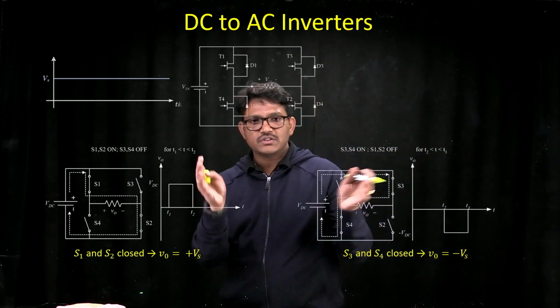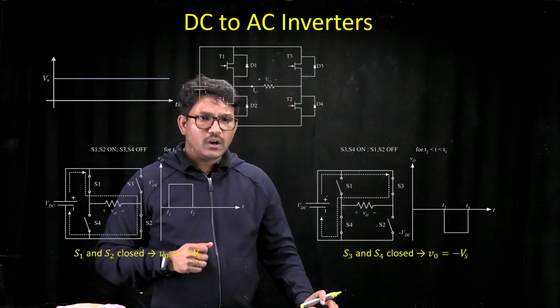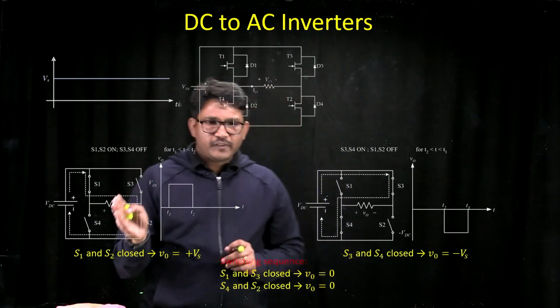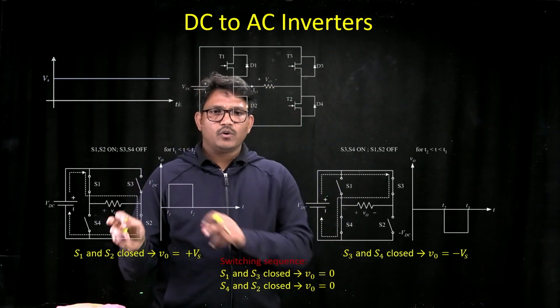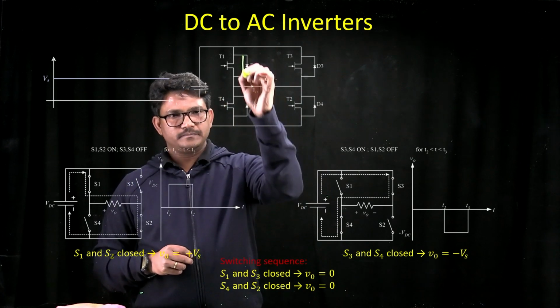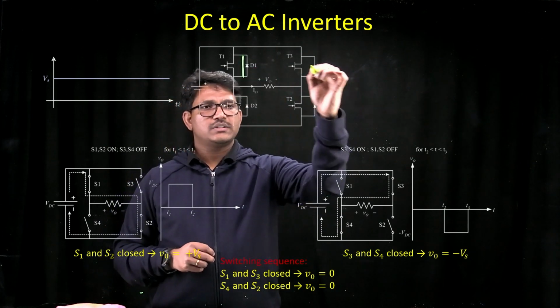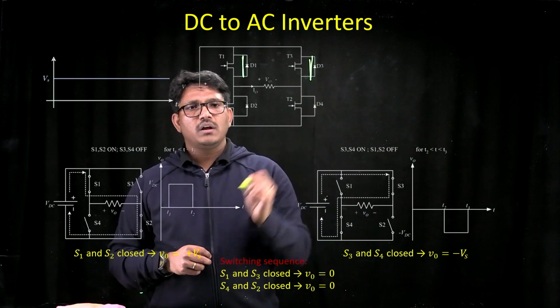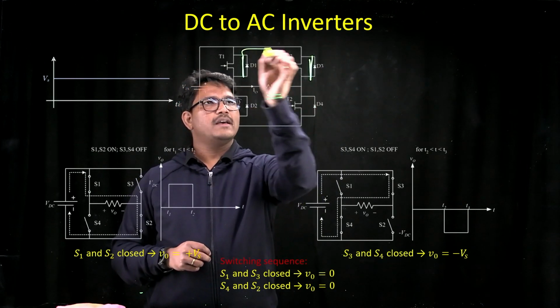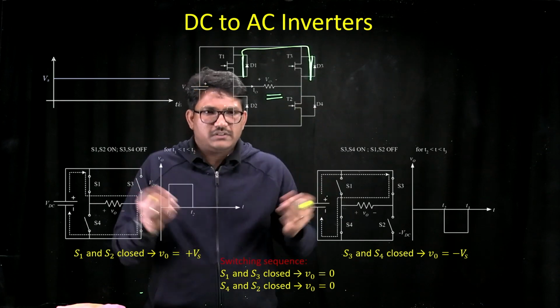Now instead of these two stages, we'll also get two more switching sequences, where after this, instead of directly going for 3 and 4, we'll turn on switch 1 and switch 3. When you turn on these two switches, it is a short circuit.